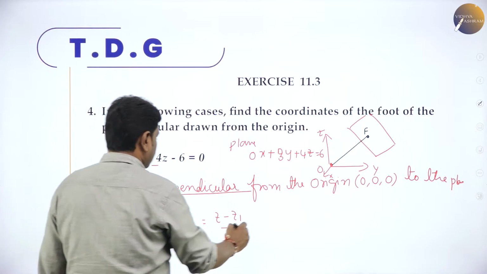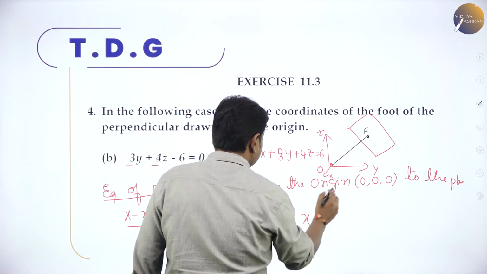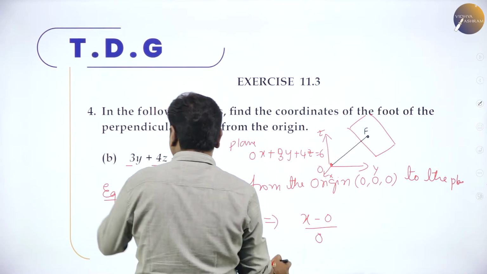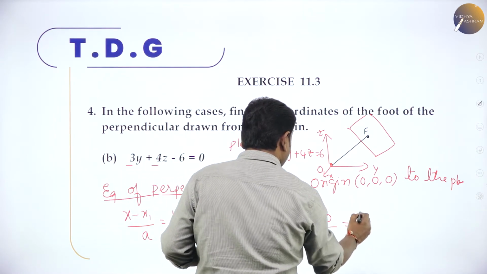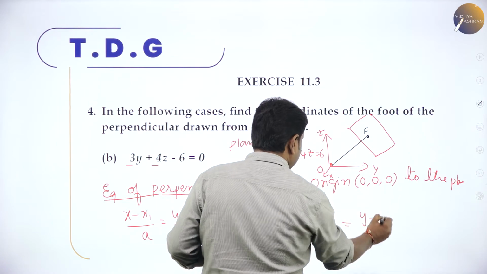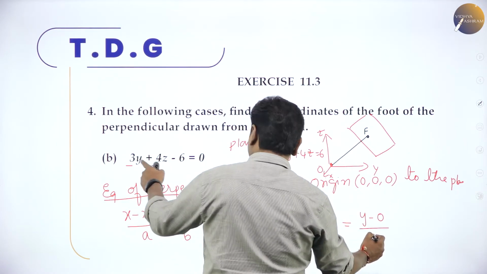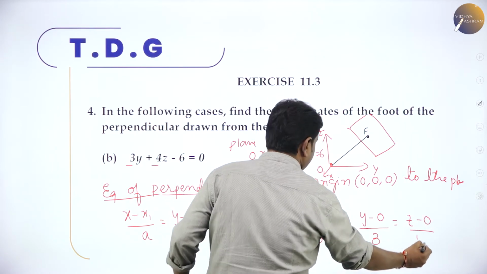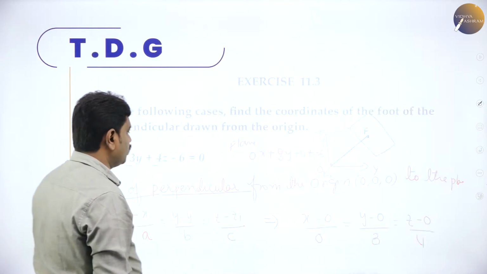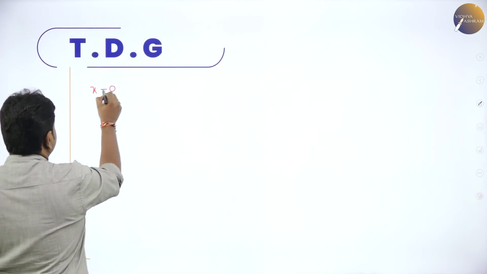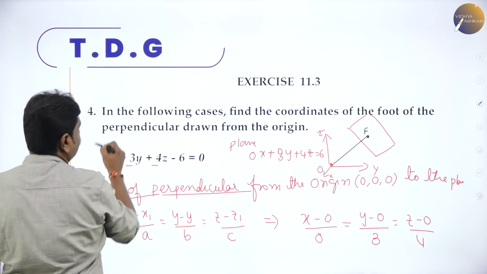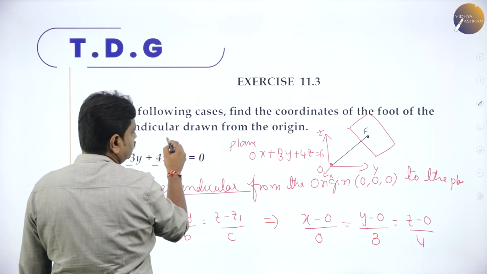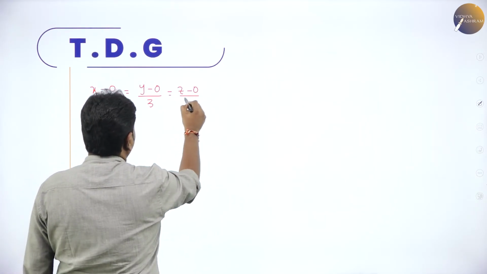So x minus the origin, in the place of x1, 0, by a means 0, the coefficient of x, is equal to y minus 0 divided by the coefficient of y, which is 3, equal to z minus 0 divided by the coefficient of z, which is 4. So (x minus 0) by 0 is equal to (y minus 0) by 3 is equal to (z minus 0) by 4 is equal to lambda.